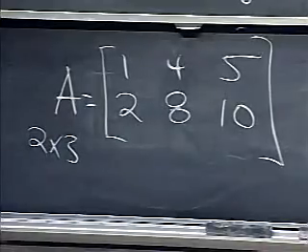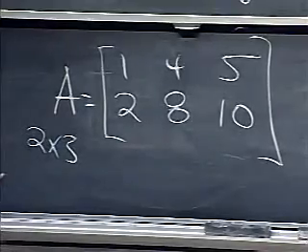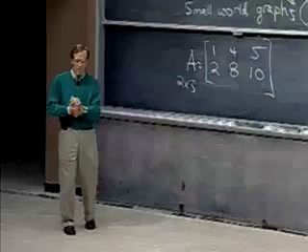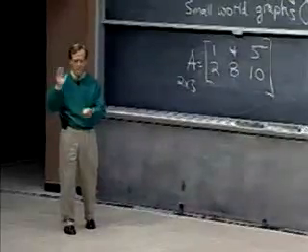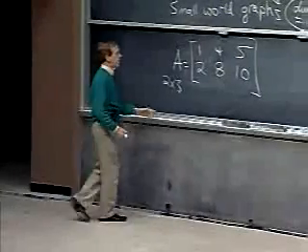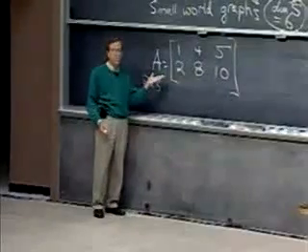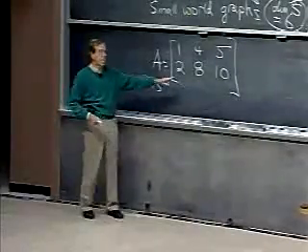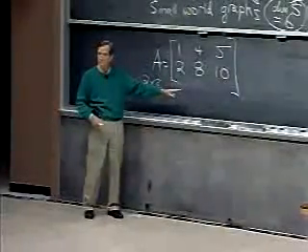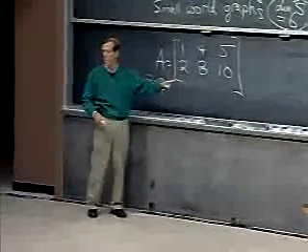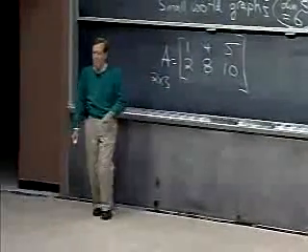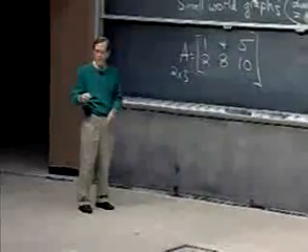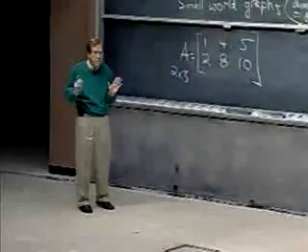It's not independent. So tell me a basis for the, oh yeah, sorry to keep bringing up these same questions. After the quiz I'll stop. But for now, tell me a basis for the row space. A basis for the row space of that matrix is the first row, right? The first row, 1, 4, 5. A basis for the column space of this matrix is, what's the dimension of the column space?